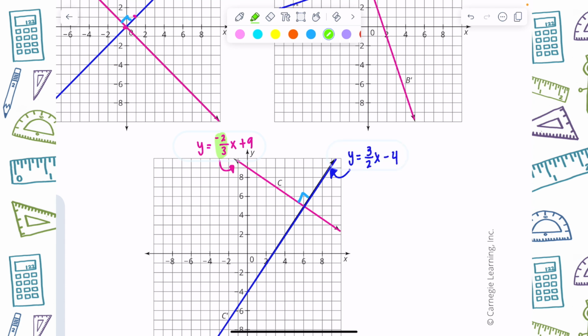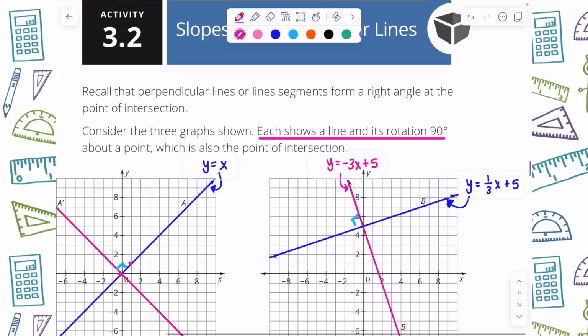Hopefully you noticed those are opposite reciprocal slopes. Opposite meaning one slope is positive, the other is negative, and reciprocal, remember, is when you take your fraction and flip it upside down. So hopefully you can see that those are opposite reciprocal slopes. Let's check the other graphs.